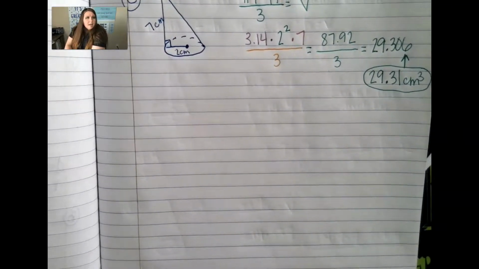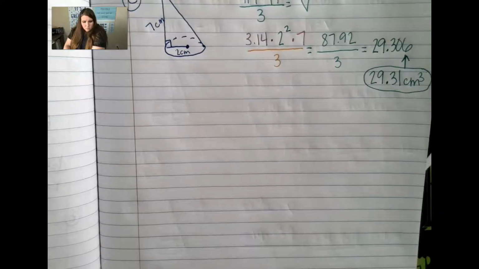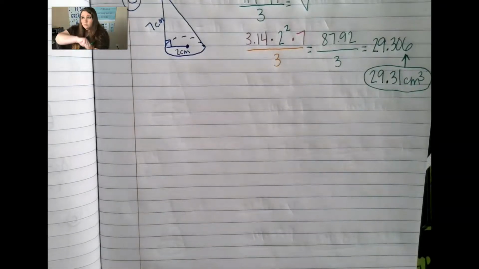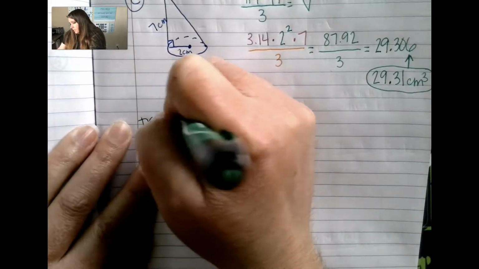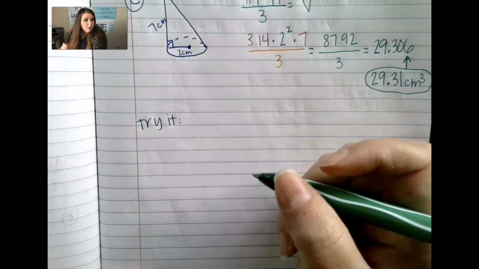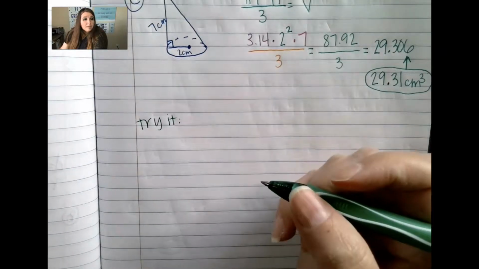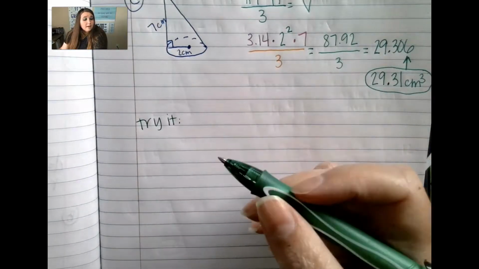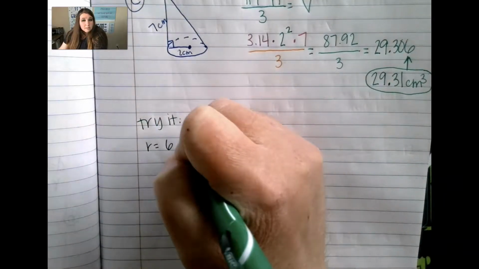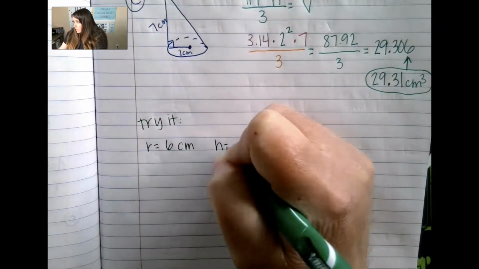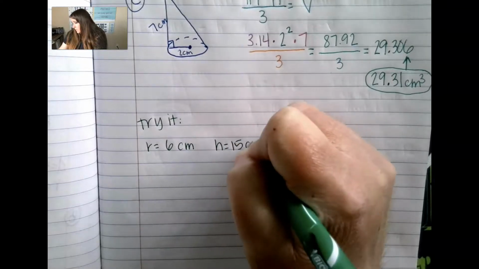All right, let's go ahead and look at our try it for today. Today they give you one try it, and in this try it you are finding the volume of a cone with a radius of 6 centimeters and a height of 15. So radius equals 6 centimeters, our height equals 15 centimeters.